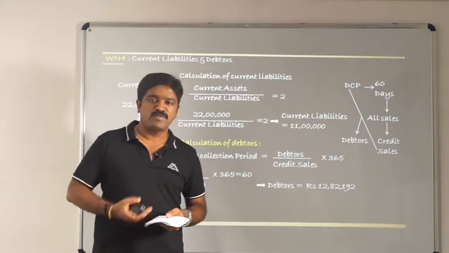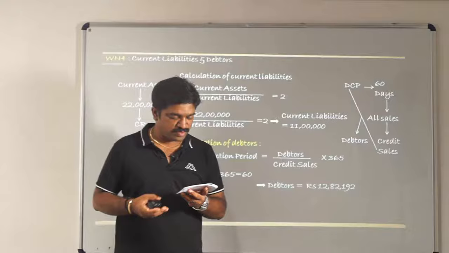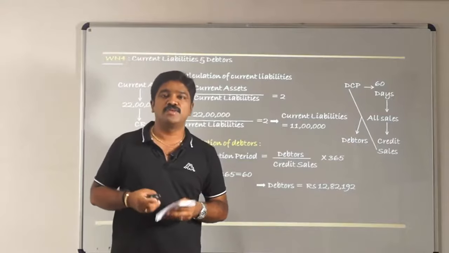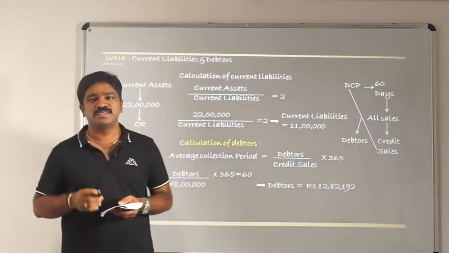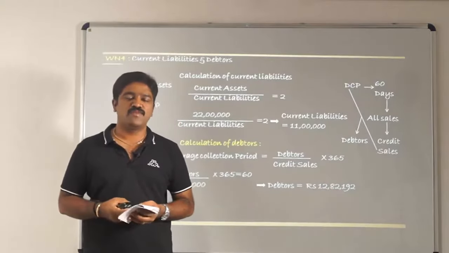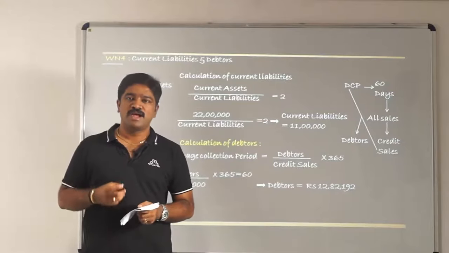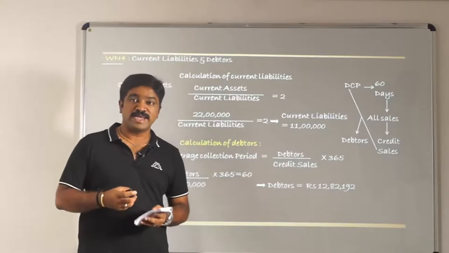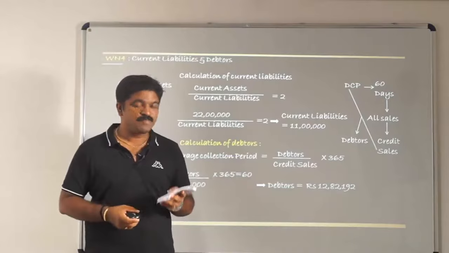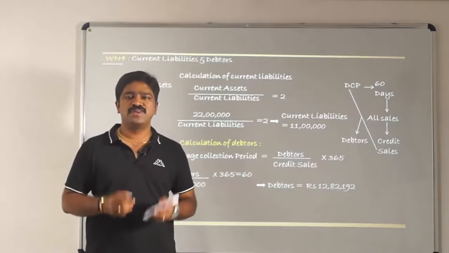Then I can also find out the debtors. How am I going to find out the debtors? If I go back to the question, it says debt collection period is 60 days. Now this information will help me to find out the debtors, but for finding debtors, I need information on credit sales. And again the question gives me a hint that all sales are on credit.